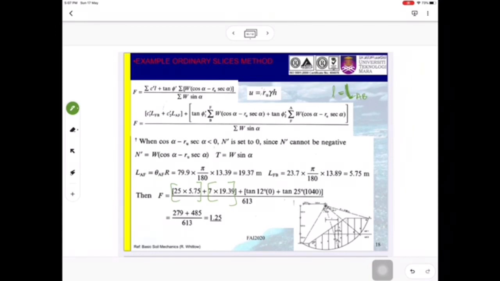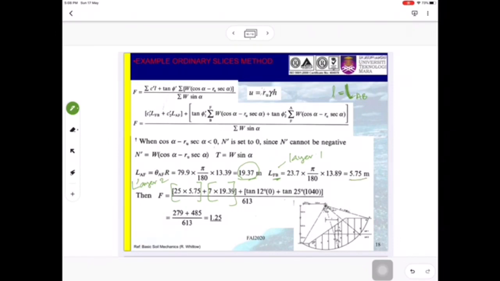First layer, FB. FB is the layer 1. AF is layer 2. So 19.37. This is a typo error. So 19.37 or 19.39, whichever is the correct one.